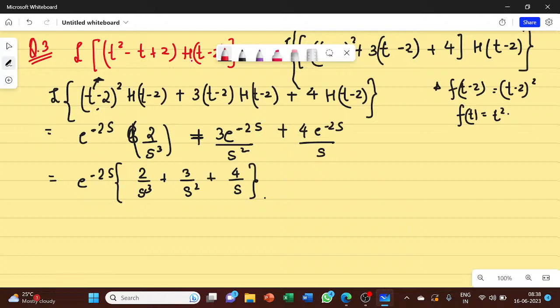Okay. So till now, I think it is quite clear how to use it.